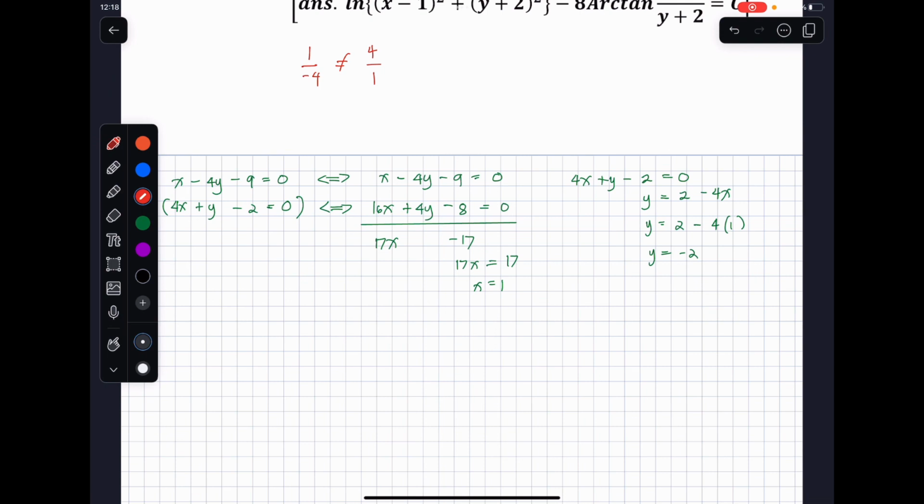So thus, we can now let our x be equal to u plus 1, making dx equivalent to du. And then y to be equal to v minus 2, so dy will become dv.